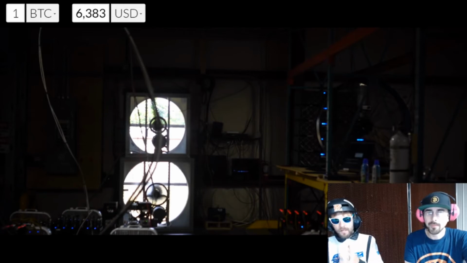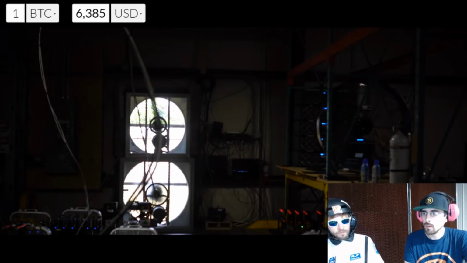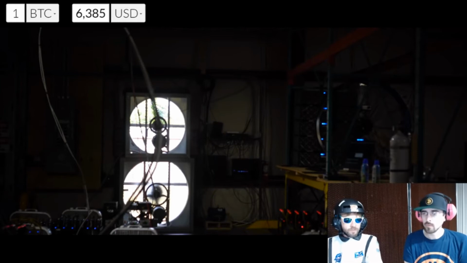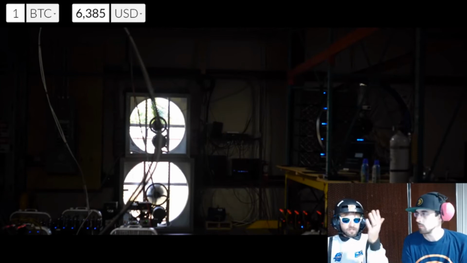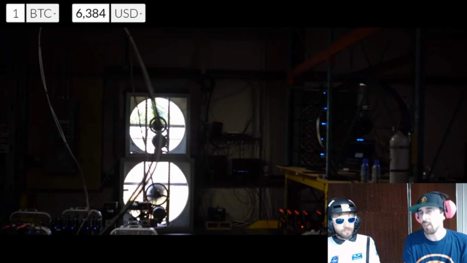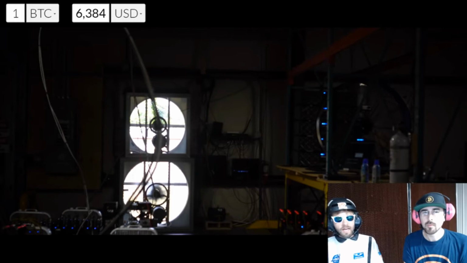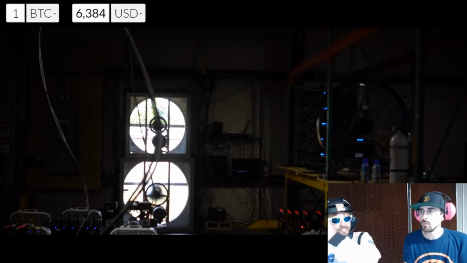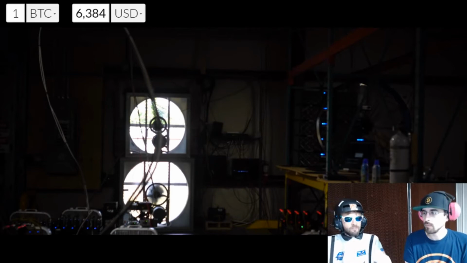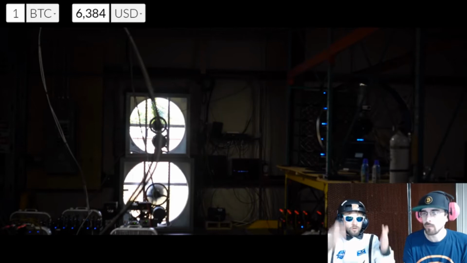Now, the good news is GPUs you'll be able to do for years, and as you've seen, an ASIC in just a few months is worthless unless the price can keep up. Eventually, you're going to be mining in the negatives, most likely. And sometimes that's good. That's a risk that you can take. I'll mine in the negatives because I believe this coin will go to this value and it's worth it.